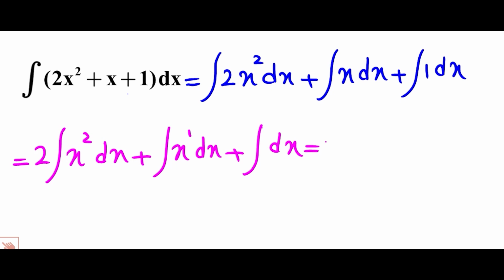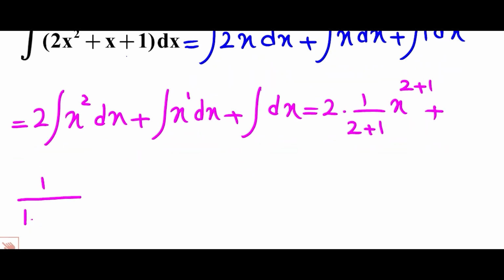So 2 times, we use the power rule, means 1 over 2 plus 1 x to the power of 2 plus 1, plus the integral of x to the power of 1 means 1 over 1 plus 1 x to the power of 1 plus 1, plus the integral of dx is x plus c.